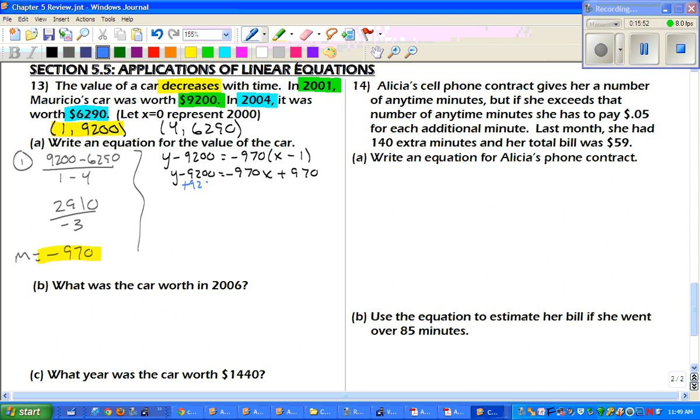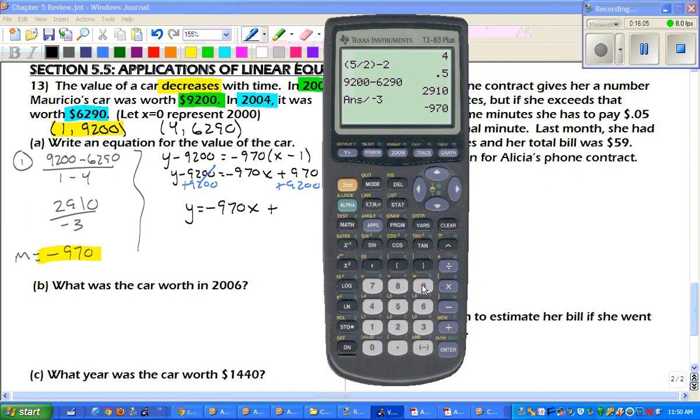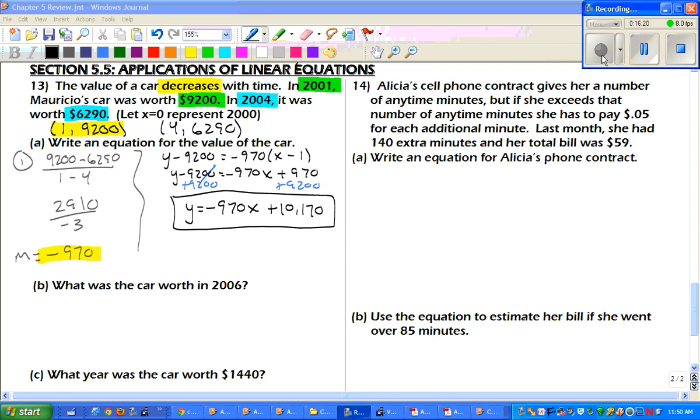And to get the y by itself, we have to add that up. y equals negative 97x plus, we need to know 97 plus 920. That gives us 1,017. So there is the equation of that line.